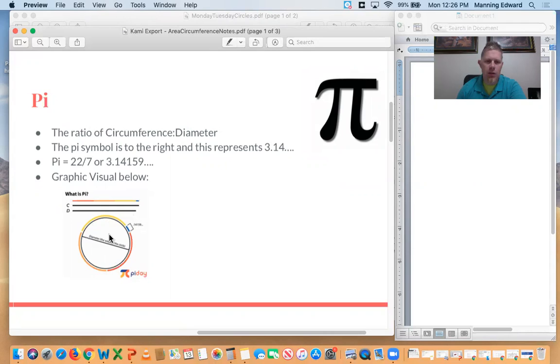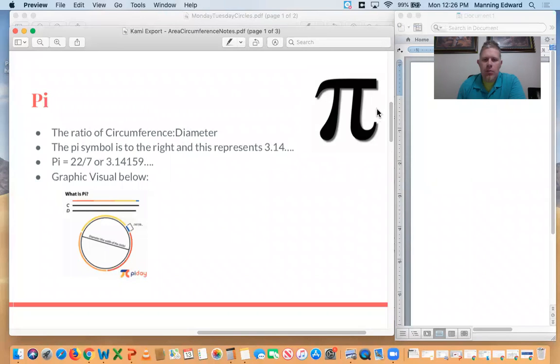If I take that and divide it by 7, I'm going to get 3.14159, and it goes on forever. Now you guys can, of course, look on YouTube and find out exactly how pi was designed and made, but we're just going to go with that's what's given.